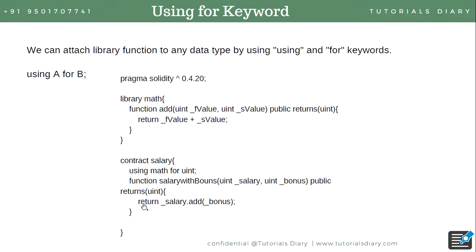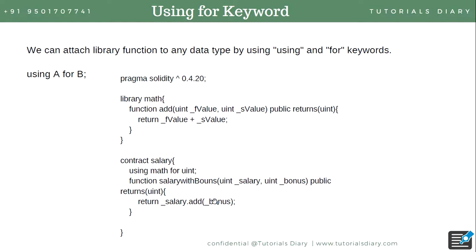So you are using this unsigned integer salary, you call dot add, and you pass the additional parameter like the bonus. That is the same as the previous example we have seen. So this is how these two keywords, using and for, are helpful, and this makes the developer's life a bit easier when we use library functions.